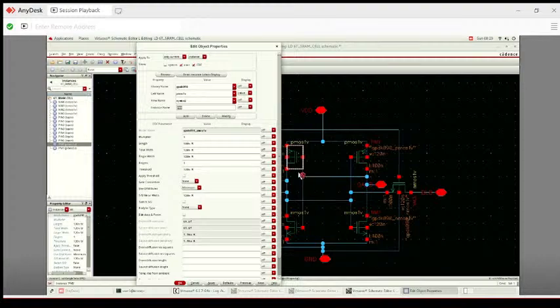Similarly for the other part of the inverter. Okay, so let's keep the width of the pull up transistor 120 as it is. Both pull up transistors' width will stay at 120 nanometer. Similarly this one also 120 nanometer.